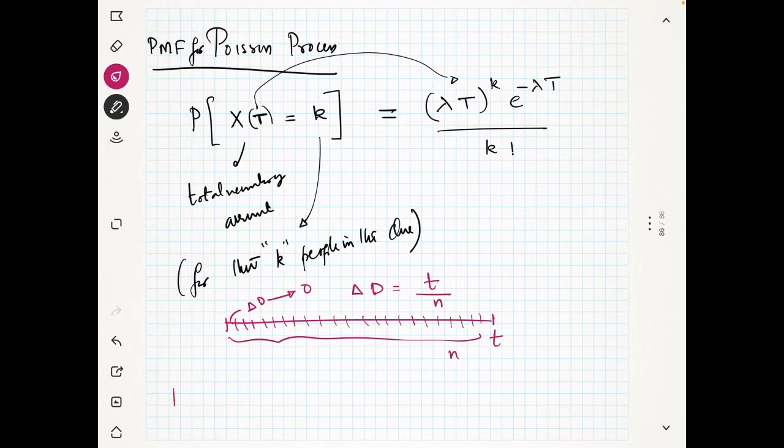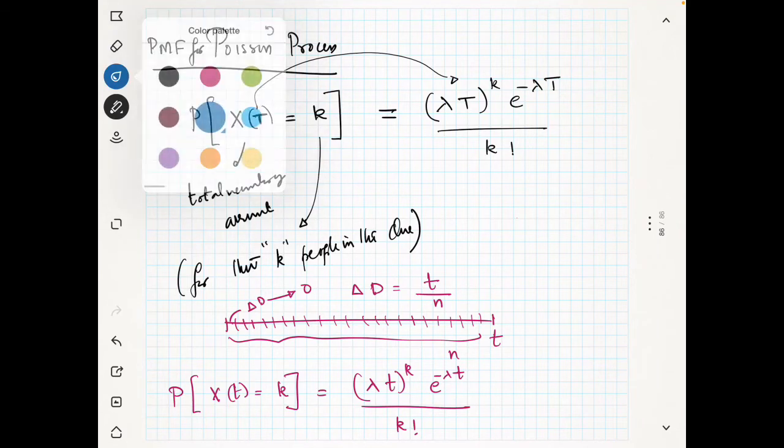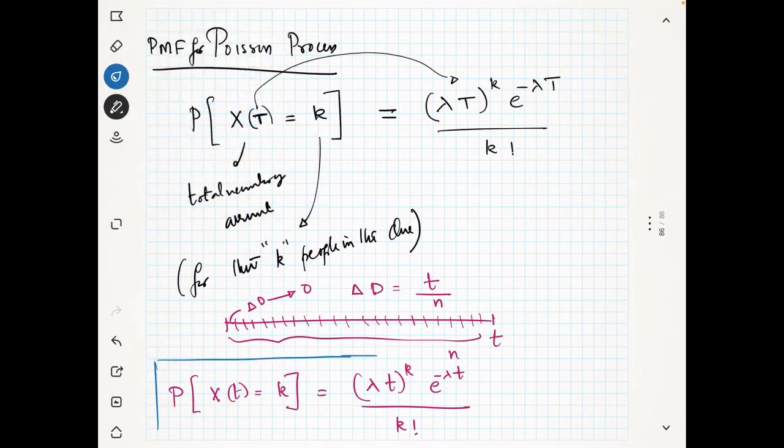In such case, you can represent the probability that X of t takes the value k as lambda t whole raised to k into e power minus lambda t divided by k factorial. So this is the general formula for the probability mass function of the Poisson process.